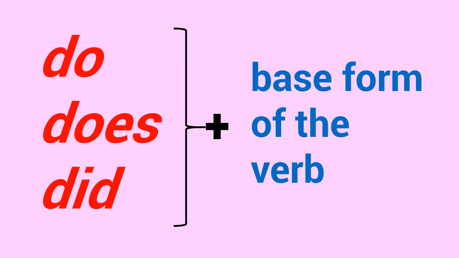Original form, no letters are added to the verb, nor is the form of these verbs changed in the past or in the future. No letters are changed or added in the base form of the verb. So again, do, does, did, auxiliary verbs are paired with the base form of the verb.